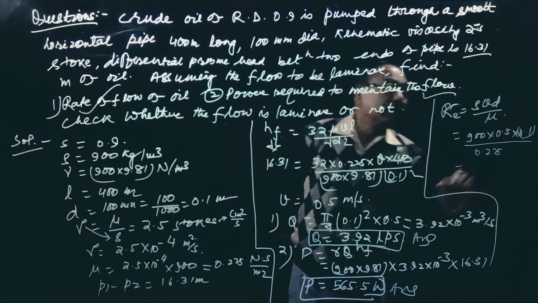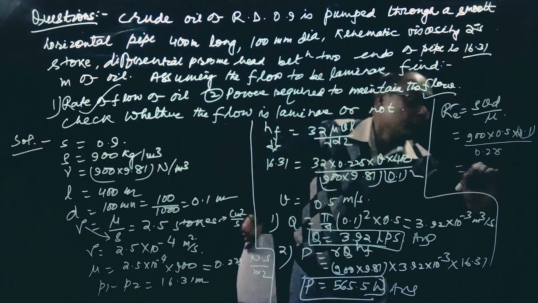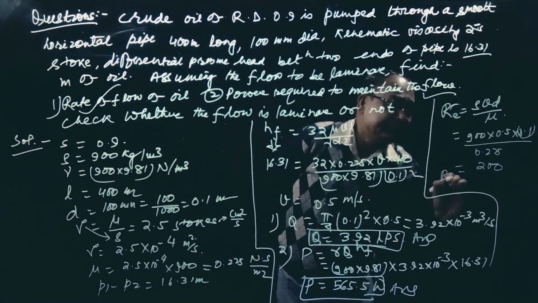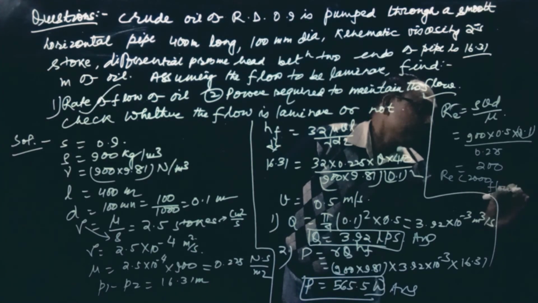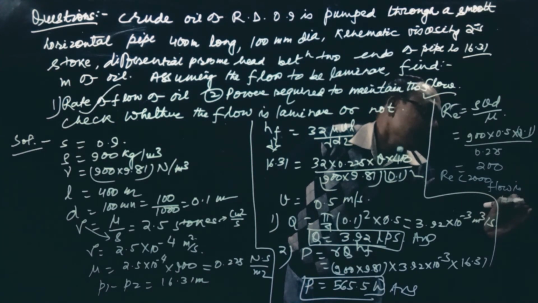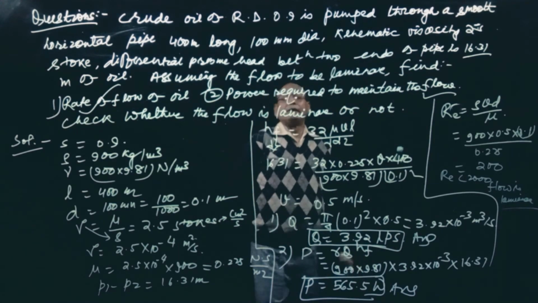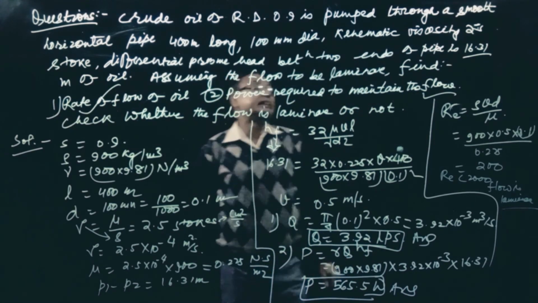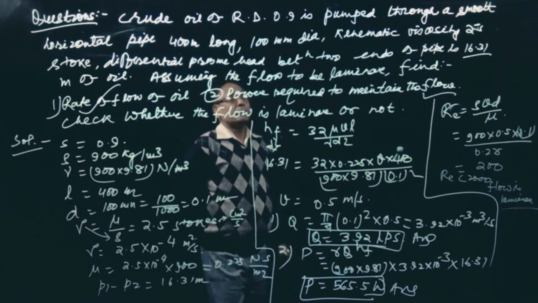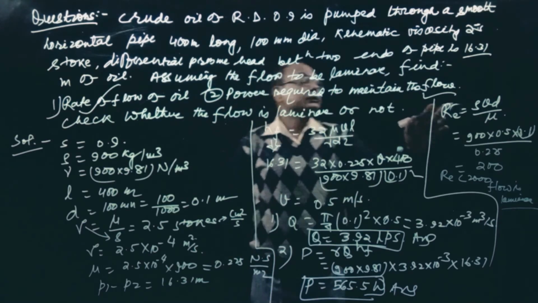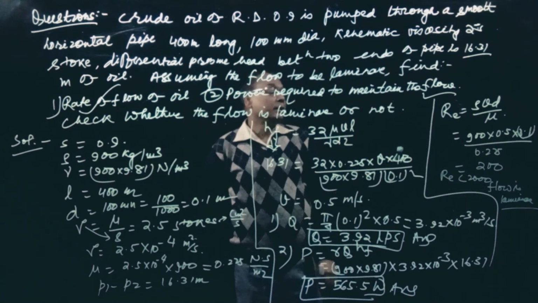So this will have the value 200. Re is less than 2000, so the flow is laminar. If the value is more than 2000, then it cannot be laminar. The condition of the Reynolds number for laminar flow is that it should be less than 2000.